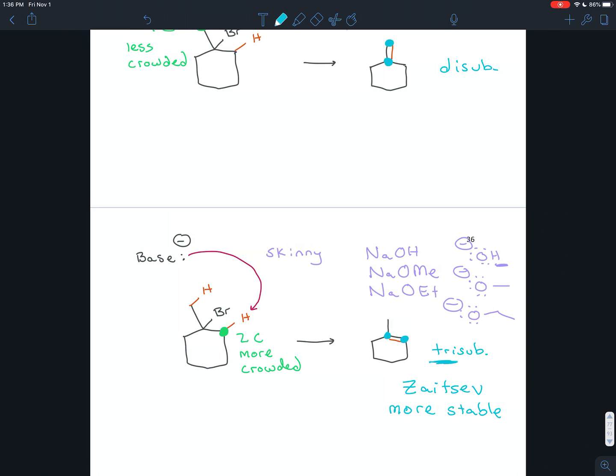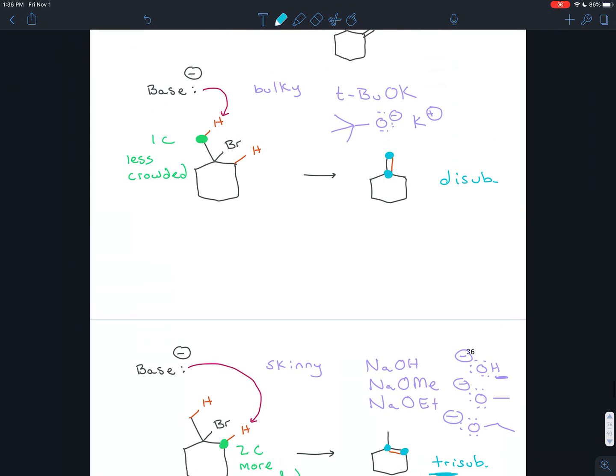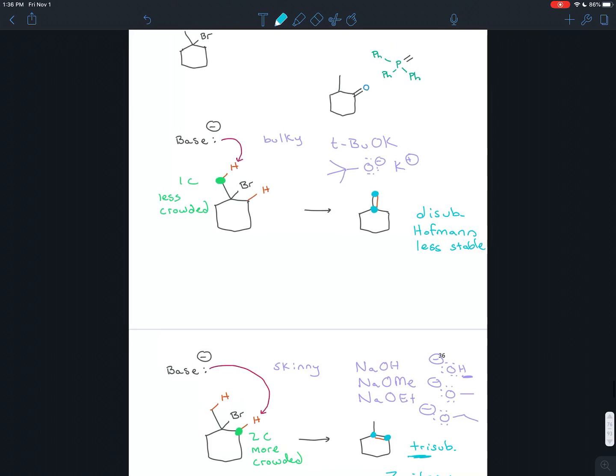It's because it's more stable that if you use a skinny base, which could actually attack either of these equally well, you'll get more of this one than of the other one, because this one is more stable, so it'll stick around longer. The less substituted product is called the Hofmann product, and it's less stable. And you'll only form that Hofmann product if you use a bulky base like potassium tert butoxide.